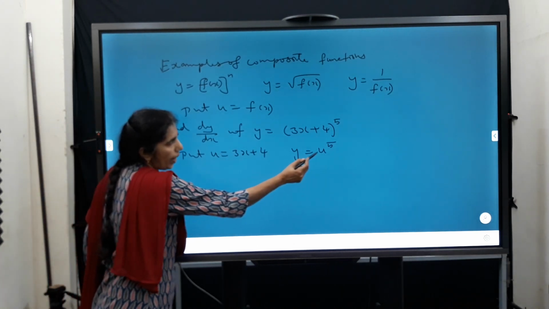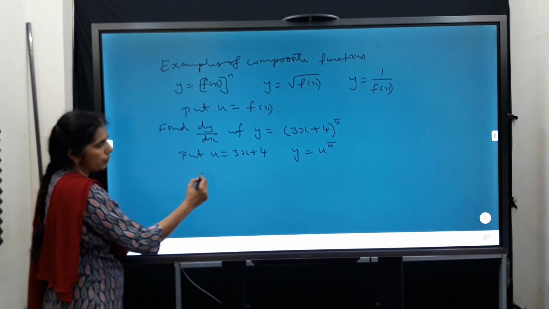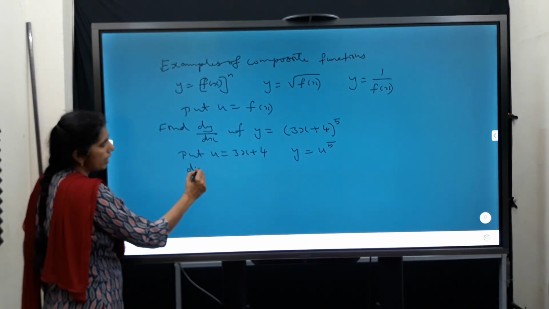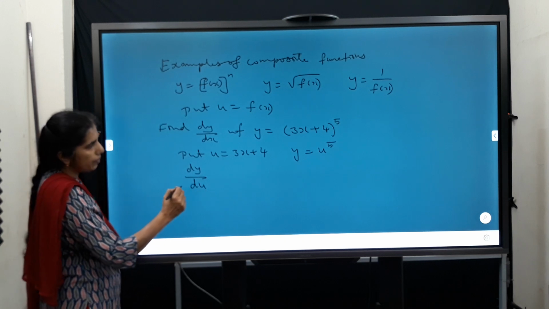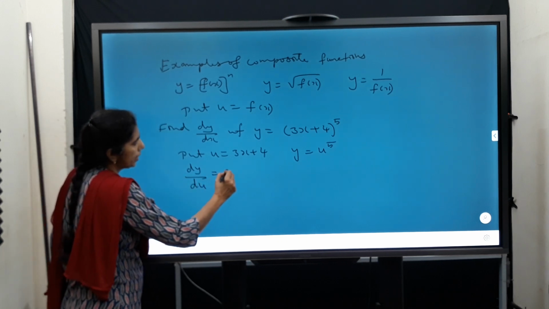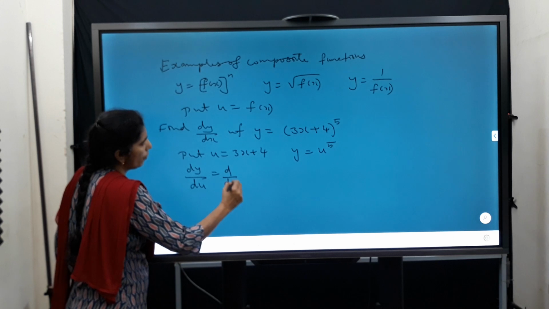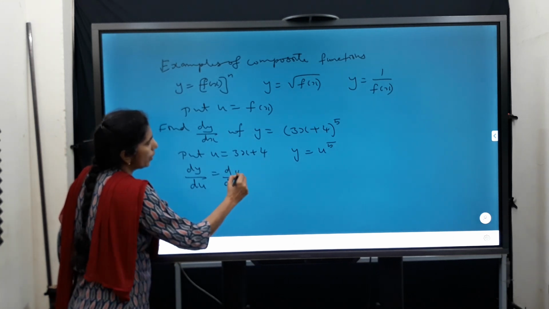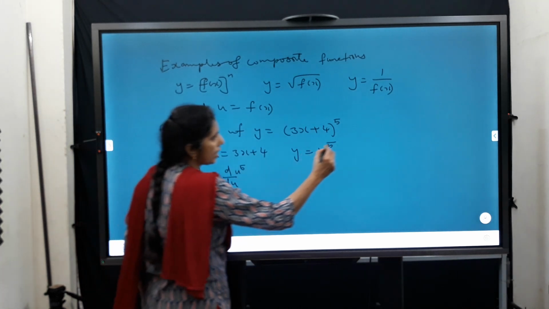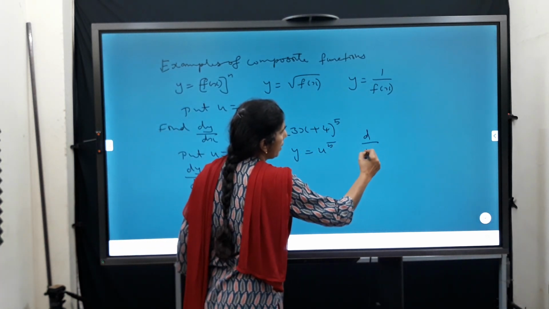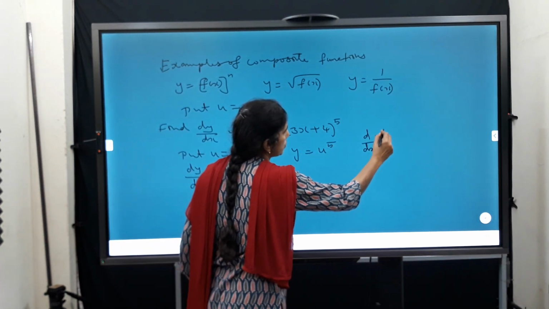So u equal to 3x plus 4 and y equal to u raised to 5. So see that y is a function of u. So we can differentiate y with respect to u. That is, we can find dy by du. That is, d by du of y is equal to u raised to 5. Now here we apply the same formula for d by dx of x raised to n.